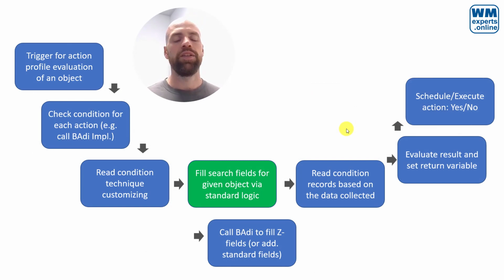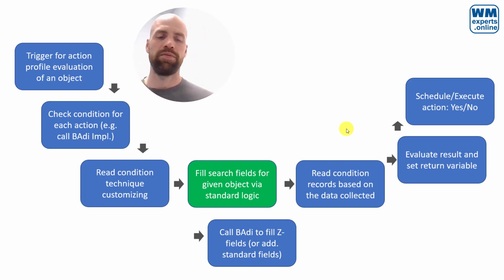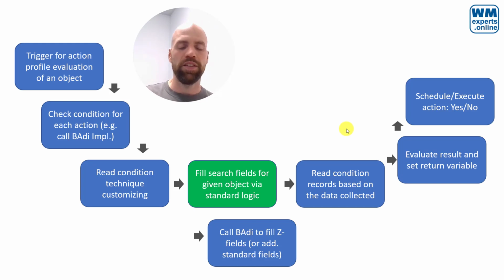So how do we actually compare the object with the condition record? Because the condition record has specific values for specific fields. Let's say my condition record should schedule actions only for specific delivery types, or only for specific partners. And then my object on the other side, during runtime, different deliveries have different types, different partners, different header and item data.